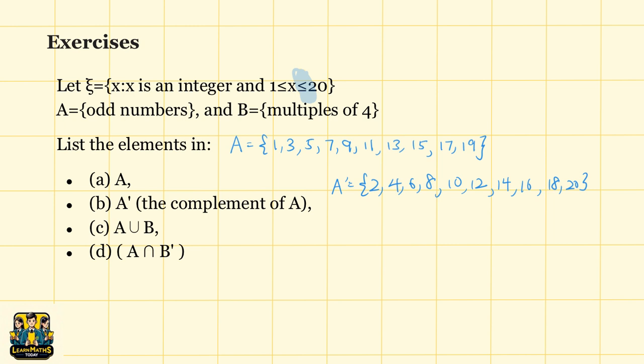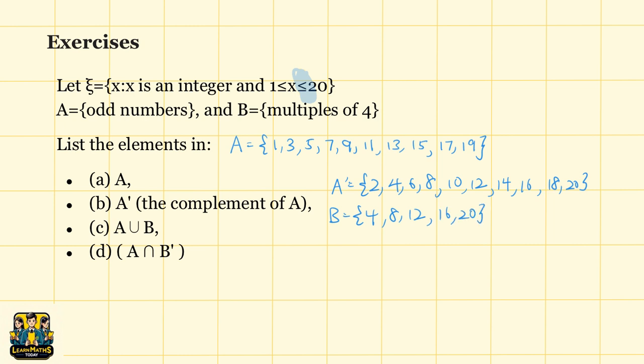Now, how to find the union of A and B? The easiest way is for you to first list what is B. B is multiples of 4, so B is a set containing 4, 8, 12, 16, and 20.